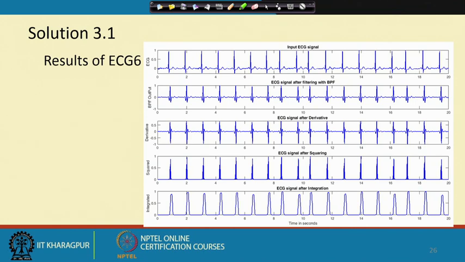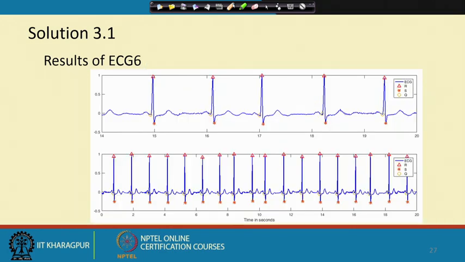Again for ECG 6, the last signal, which has the low heart rate, we get the signal here, and then we get the band pass filter output, derivative filter output, the squared output, this is the pulse we get, and this is the QRS output.